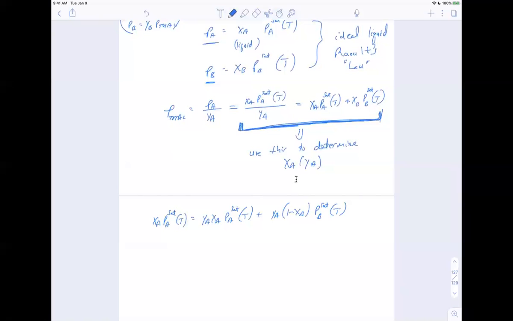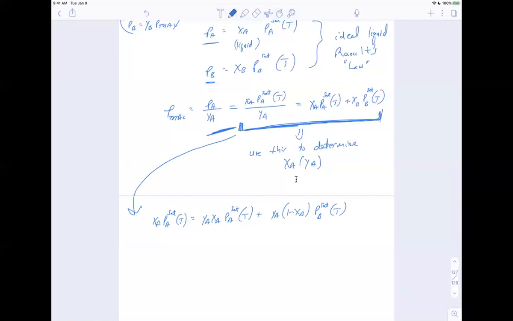All I've done is multiply this expression by y sub A, and I've isolated x sub A times PA sat on the left-hand side. And of course, xB is just 1 minus xA, so I made that substitution.